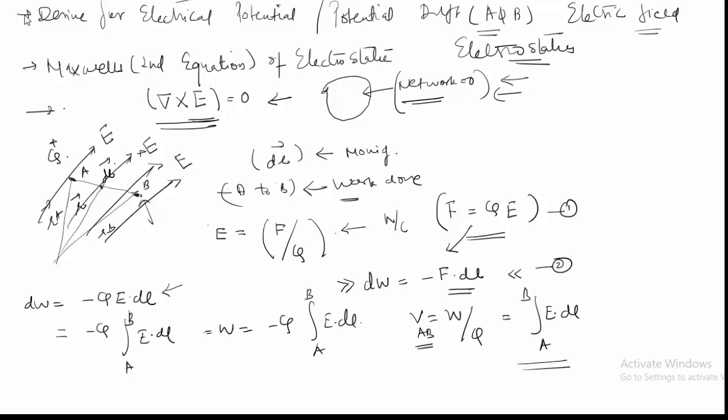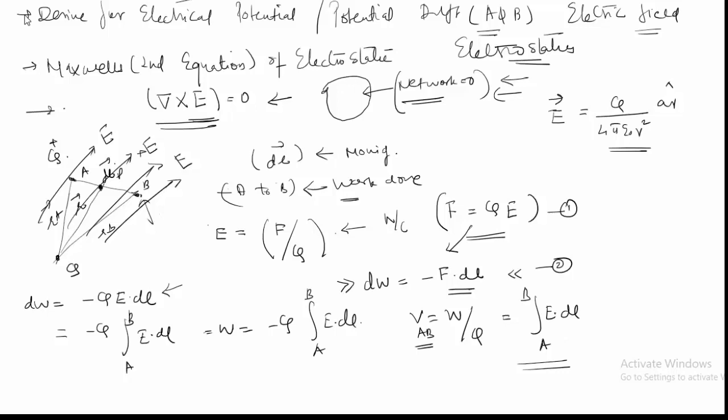If you take a simple case of a field due to a point charge, then you can give the equation of E as Q upon 4 pi epsilon naught r square in the direction of aR. So this is due to a point charge which is located here, the point at which you are trying to find the electric field is here, and this is aR.